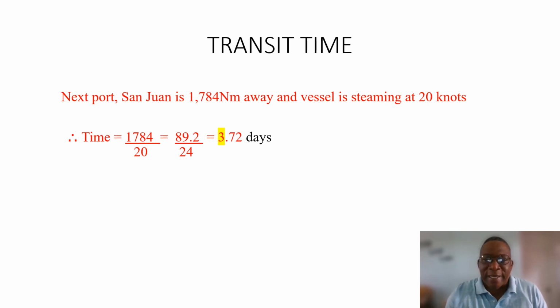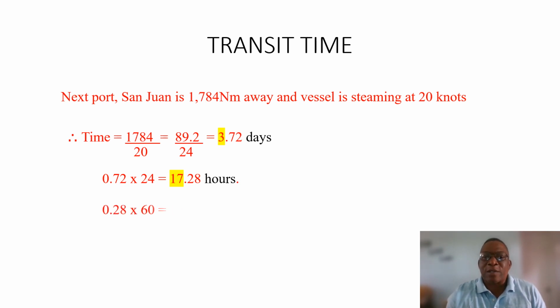And we want it in days, hours, and minutes, as we said earlier. So we are going to divide 89.2 by 24, and we get 3 days and 0.7 of a day. Again, we use the 0.7 of a day times 24 to determine how many hours, and we got 17.28 hours.